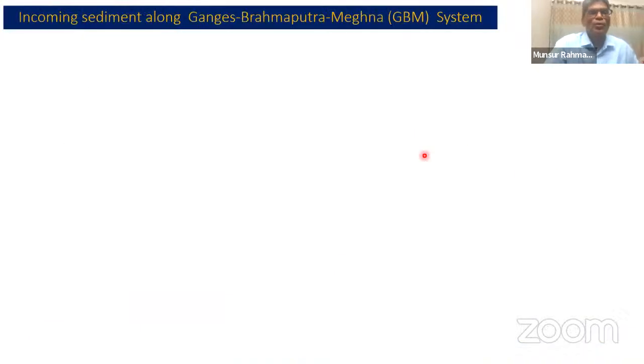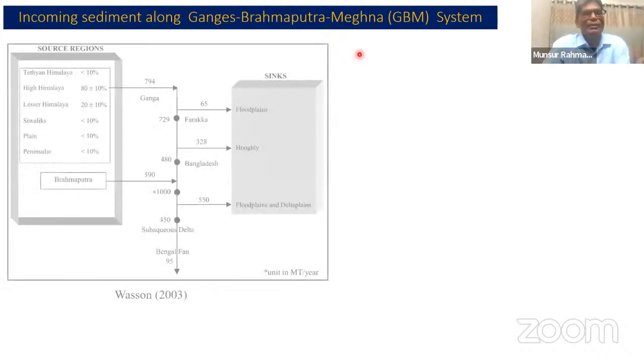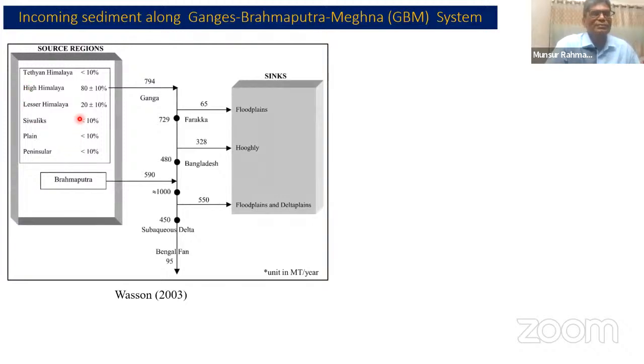With that, we need to understand how much sediment is actually coming to the system. There is a large body of earlier research, from the global community and also at the national level, to create a kind of sediment budget: how much sediment is coming from the Ganges system, how much from the Brahmaputra Jamuna system, how much is being intercepted in different floodplains and interventions, and how much is reaching the GBM delta.